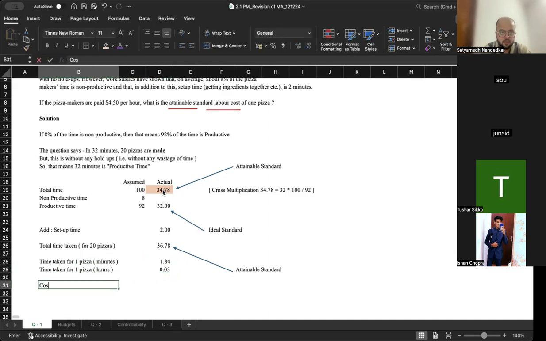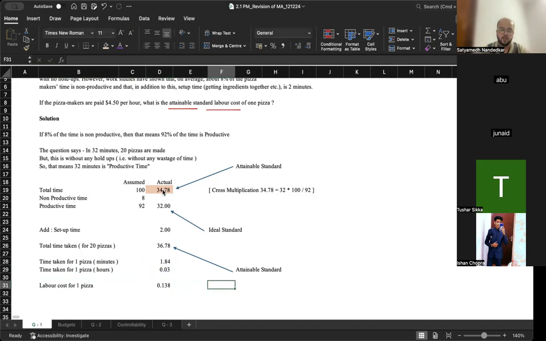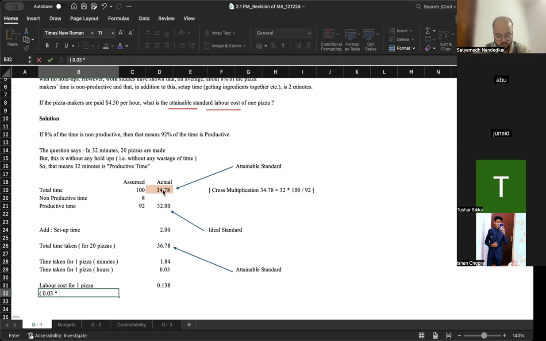So, what is the labor cost for one pizza? This into $4.5. So, 0.138 is the labor cost of one pizza. What I did was I multiplied 0.03 into 4.50 per hour. This is the calculation. Okay, have a look at it once.